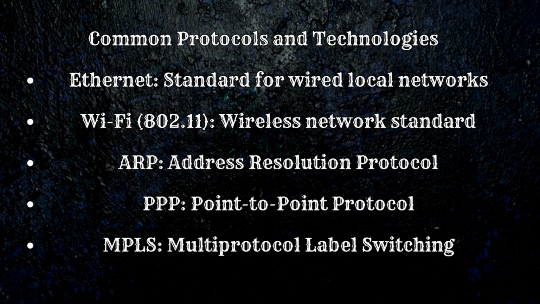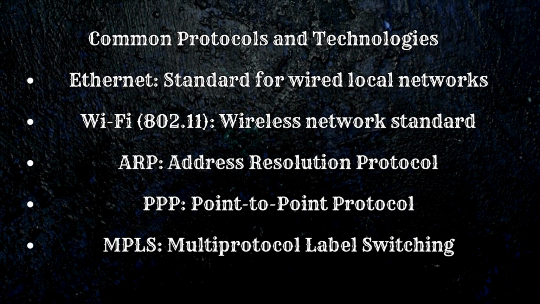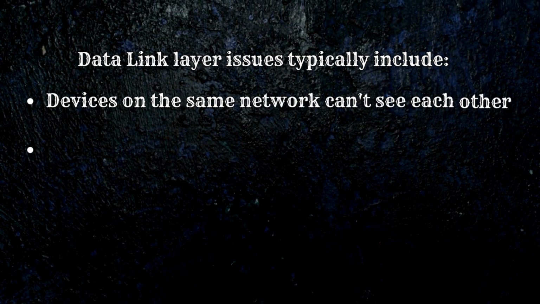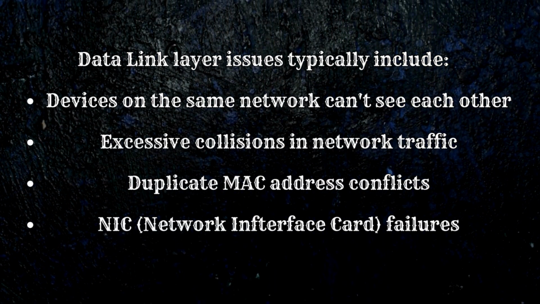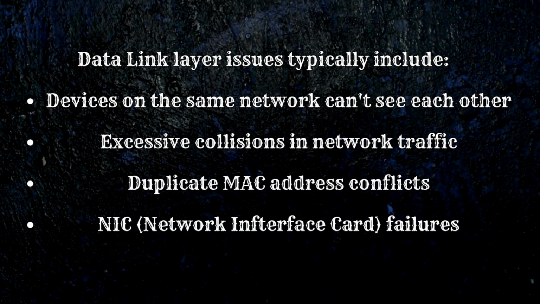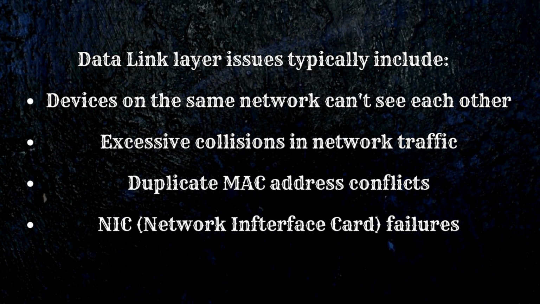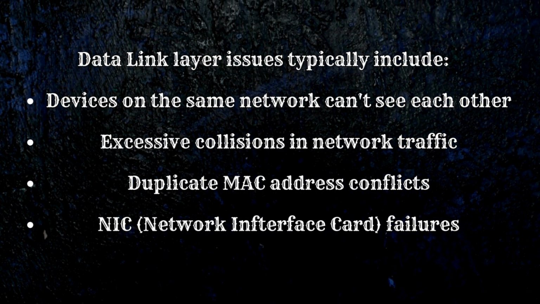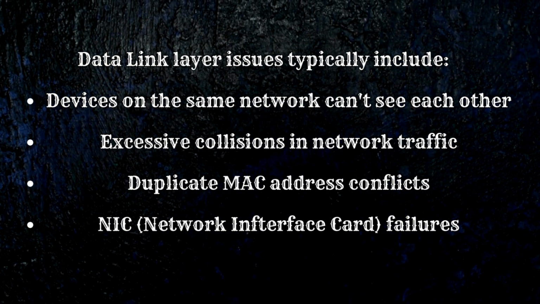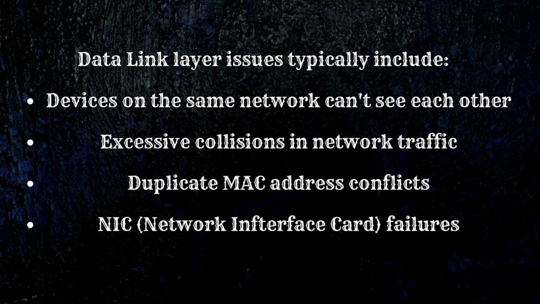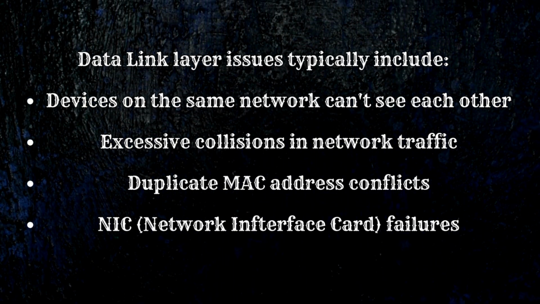MPLS, Multi-Protocol Label Switching. Data link layer issues typically include devices on the same network that can't see each other, excessive collisions in network traffic, duplicate MAC address conflicts, NIC or network interface card failures. If two devices on the same network can't communicate, look at Layer 2 first.